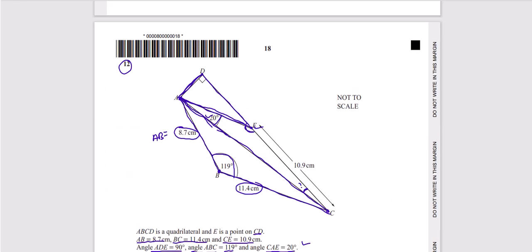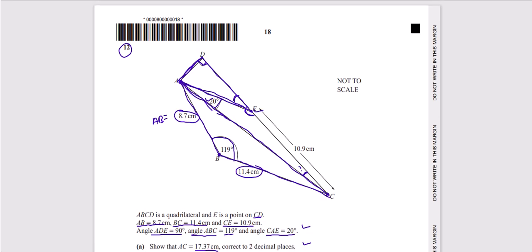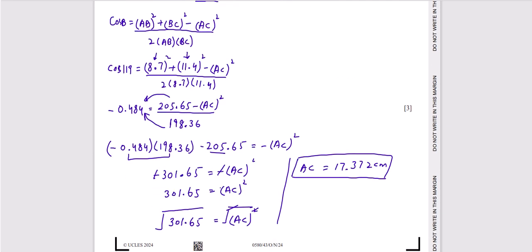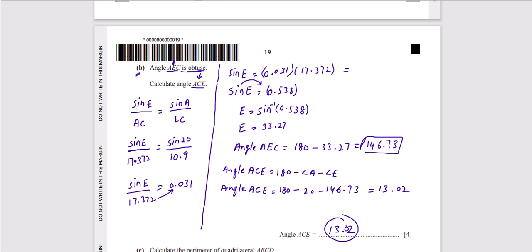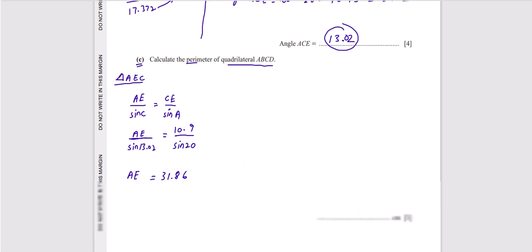Now we have to use this triangle. So this front side is AE, and now this is the angle. This angle we should take from here, that is equal to this one, angle E. Angle E is equal to 33.27.